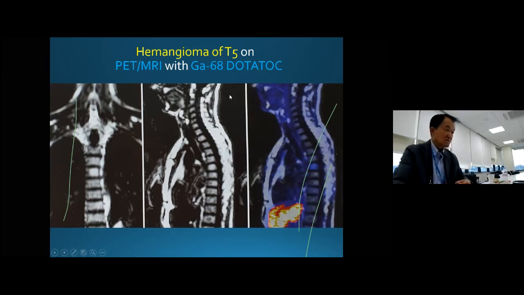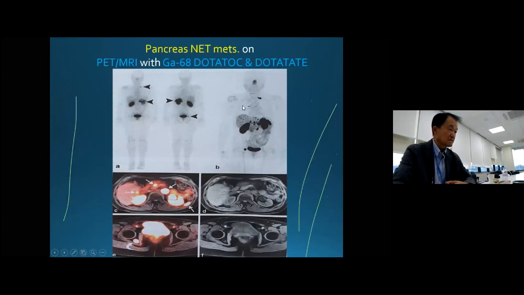This turned out to be a hemangioma on T5. The hemangioma is a vascular pool, so it shows high on T2, and it's a common false positive case in many series.